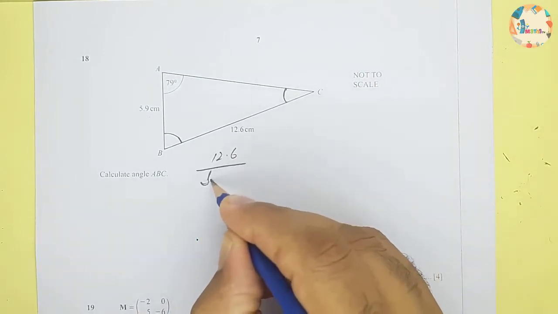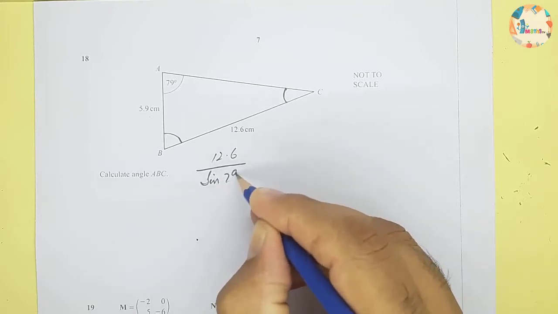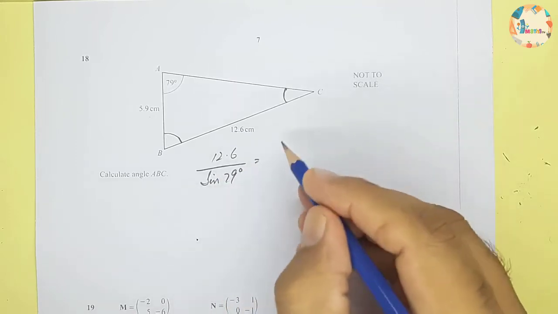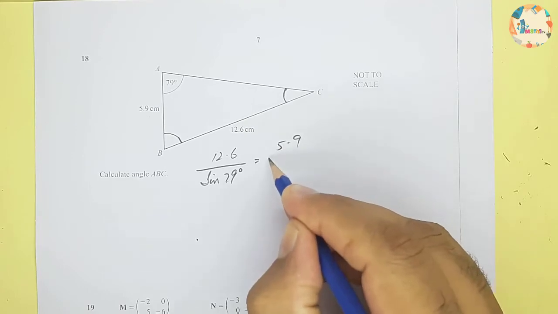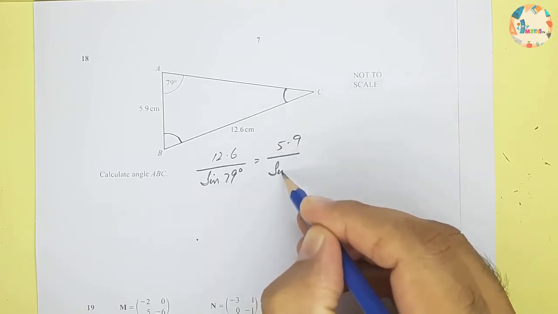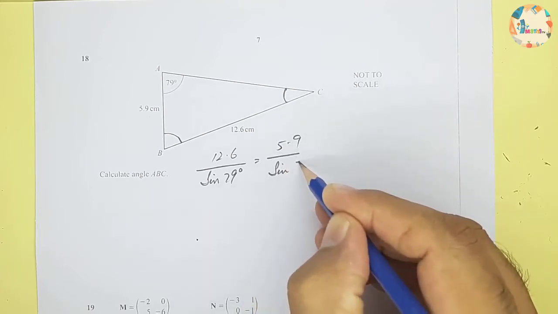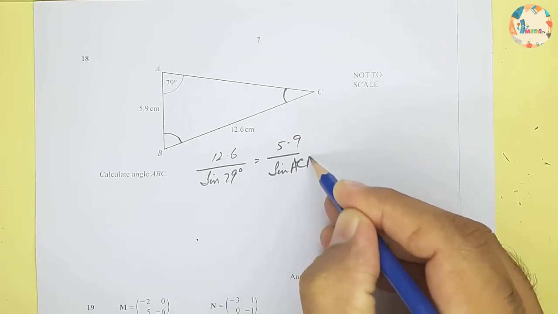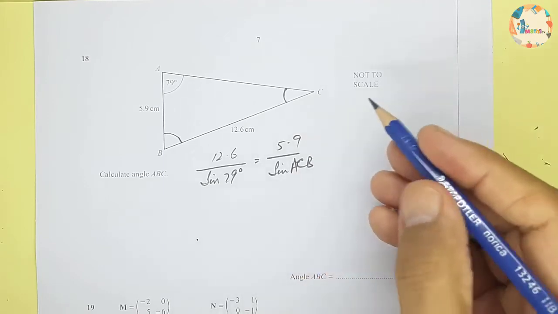12.6 divided by sine of 79 degrees is equal to 5.9 over sine of C, or ACB. We can write ACB and sine of ACB.